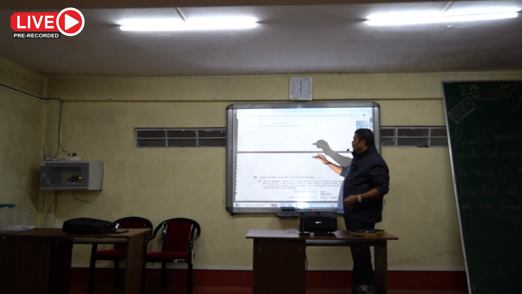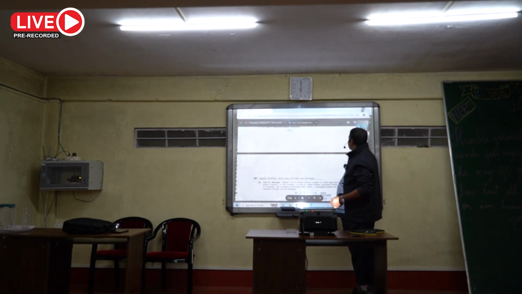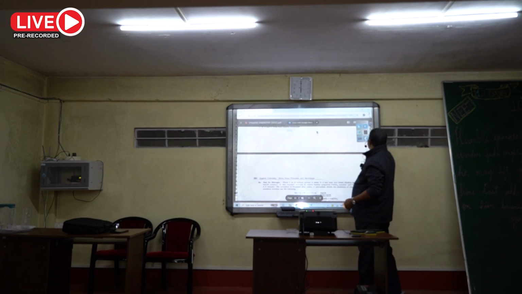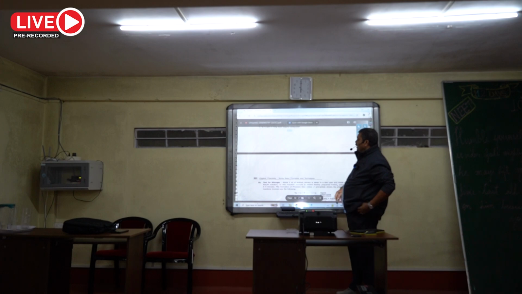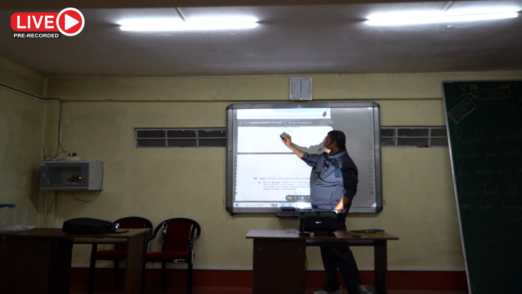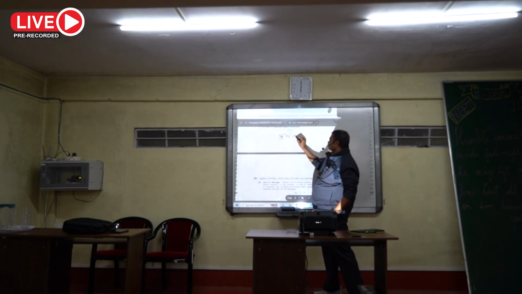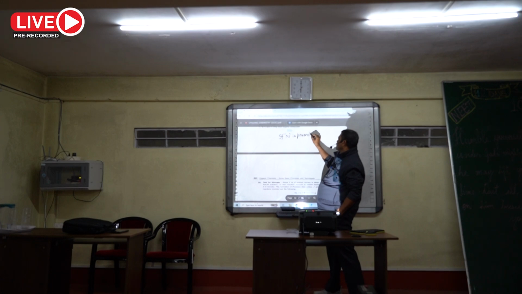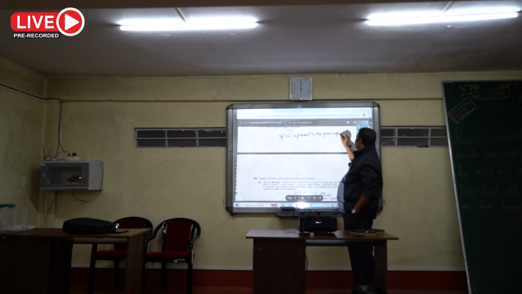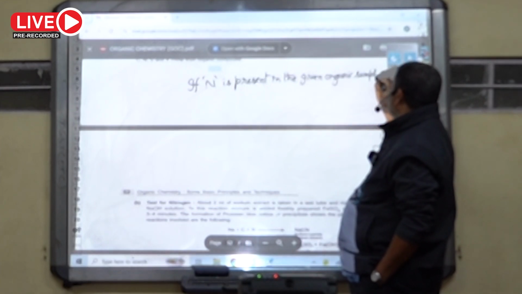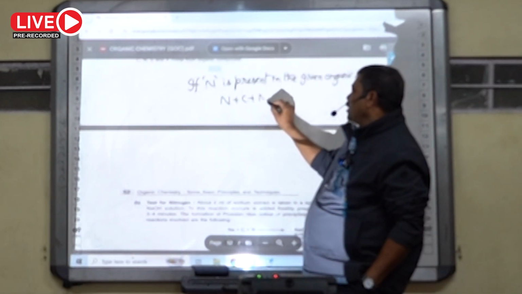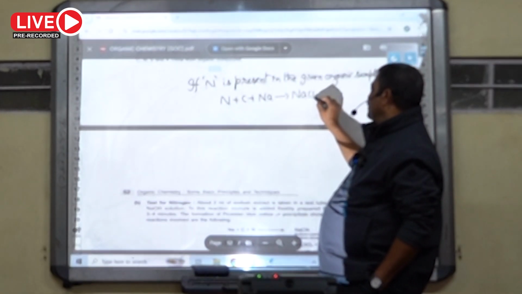Now, in the detection of nitrogen, if N is present in the given organic sample, this N reacts with carbon and sodium metal and forms sodium cyanide.